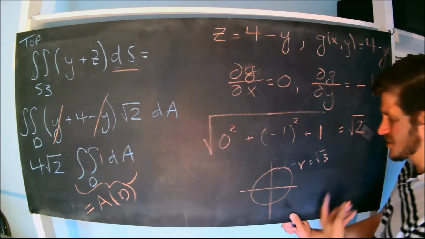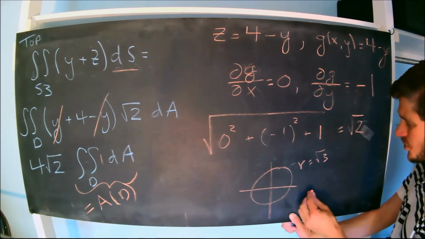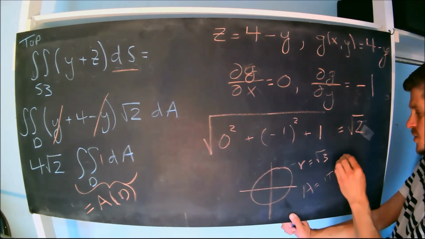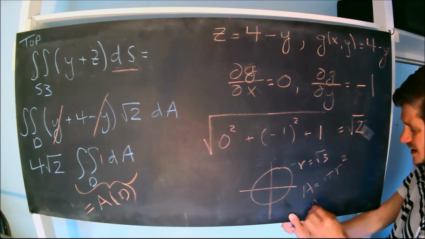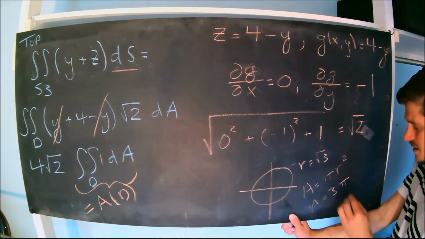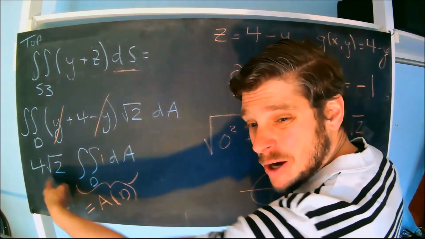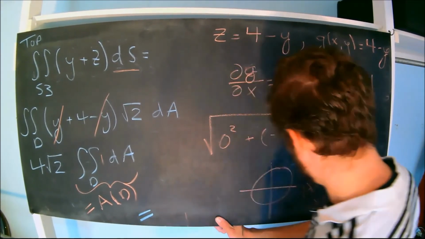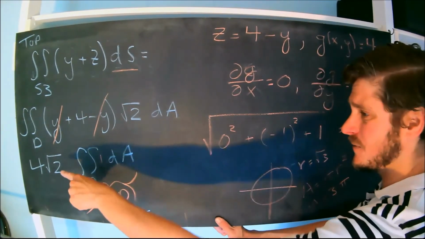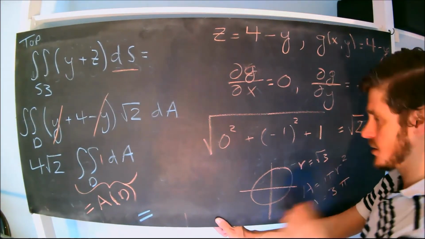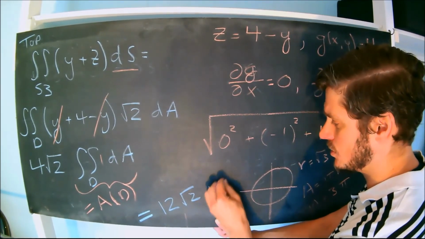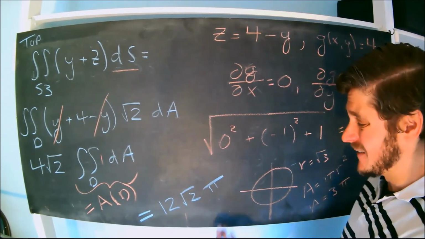Well, what's the area of a circle with the radius of square root of 3? Area equals pi r squared. So the area is just going to be 3 pi. Bring that back over with this constant. And it looks like my answer is going to be 4 times 3, so 12 root 2 pi.